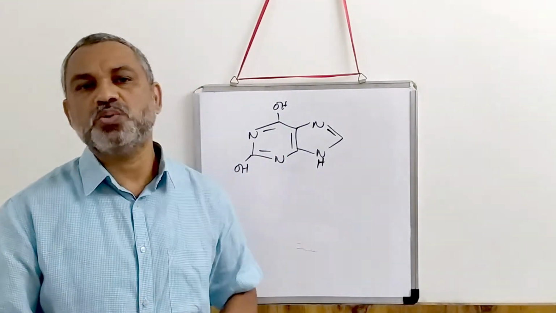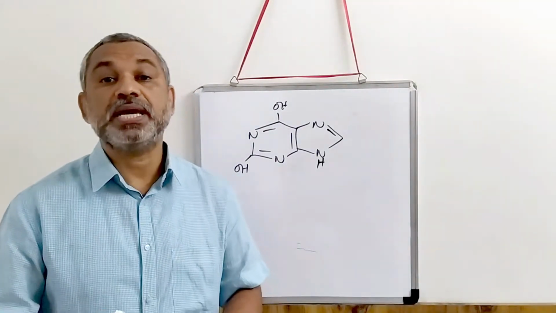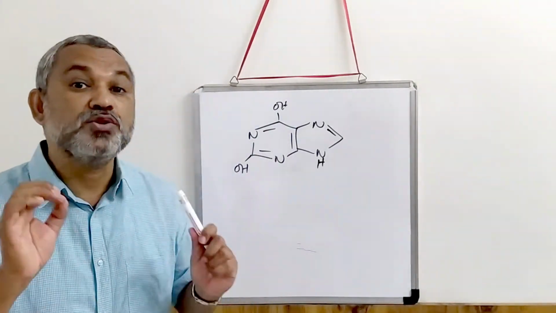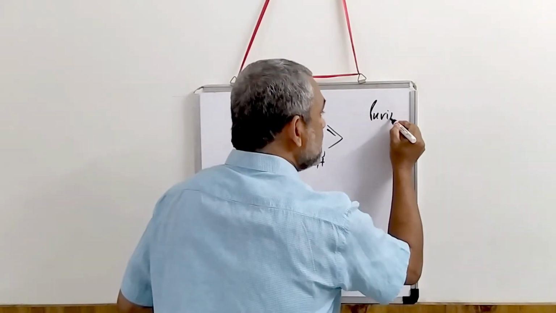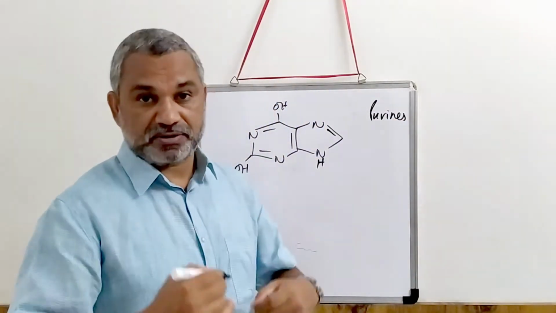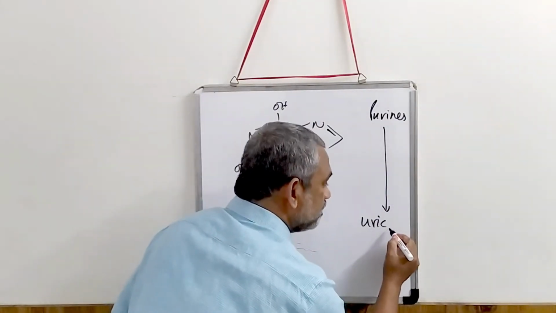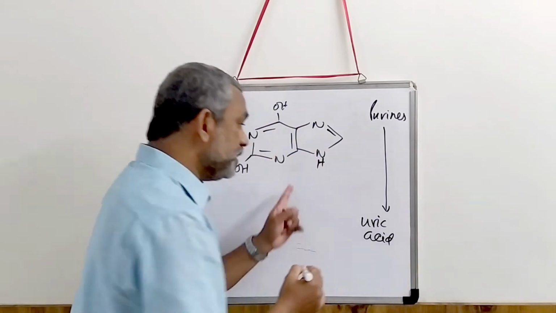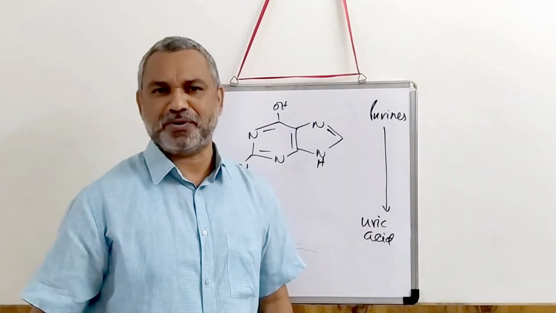Now what happens to uric acid is, this is the metabolic end product of nucleic acid metabolism. Especially when purines degrade in our body, this will be ultimately converted to uric acid. So this is the structure of uric acid, and it will be constantly produced in our body.